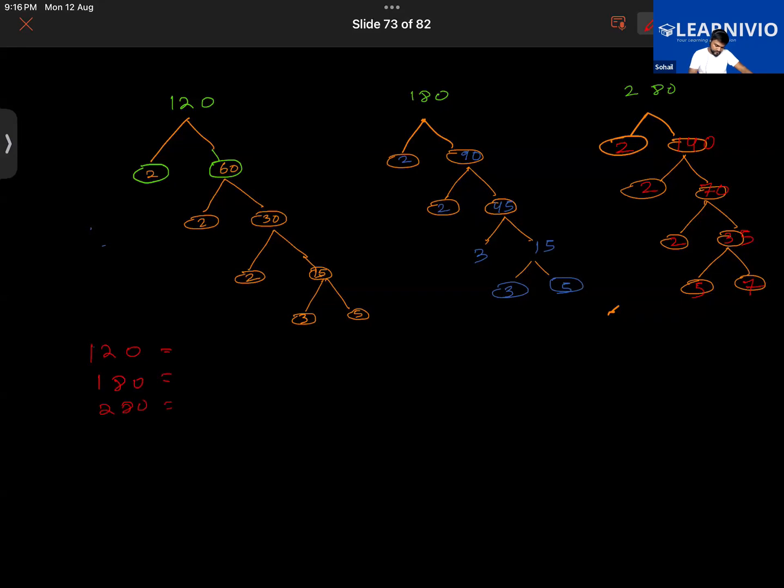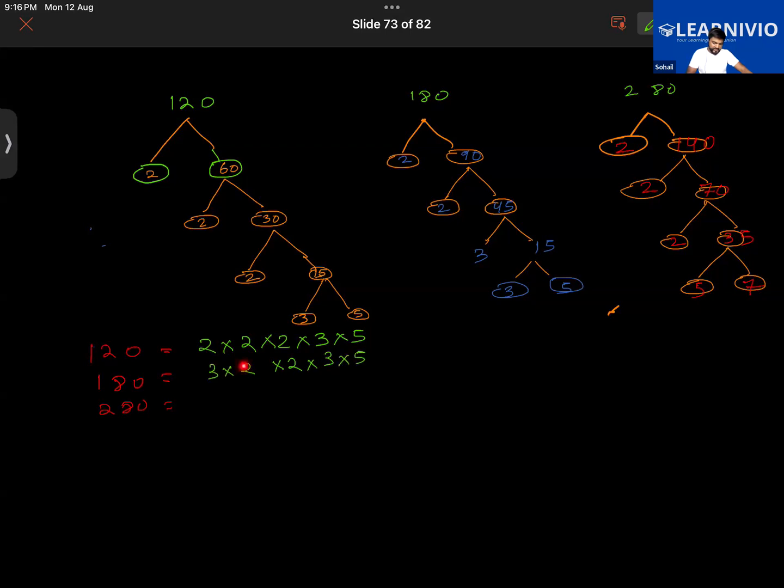At morning time. Okay. So this is 2 multiplied by 2 multiplied by 2 multiplied by 3 multiplied by 5, right? And the other one, for 180, is 2 multiplied by 2 multiplied by 3. Let's put the other 3 at this place and then 5.